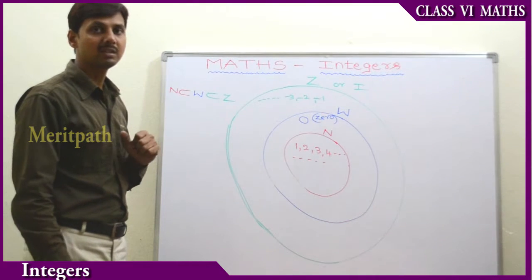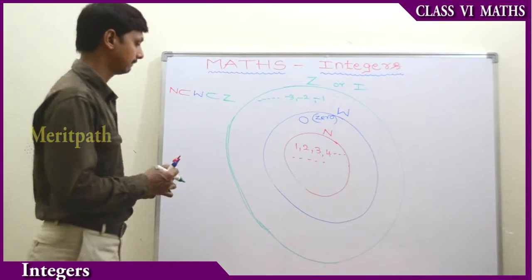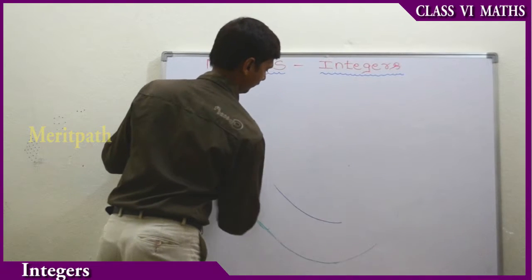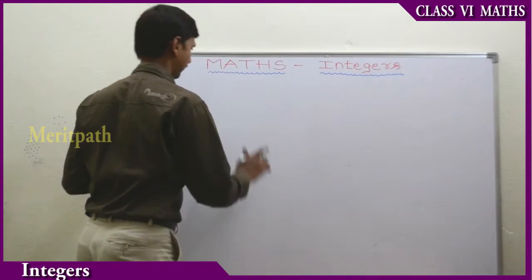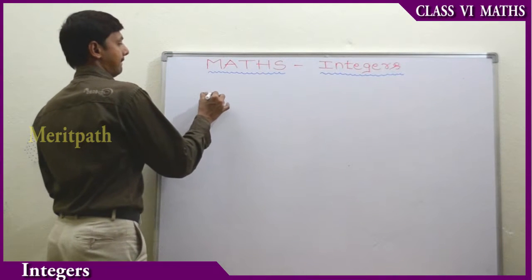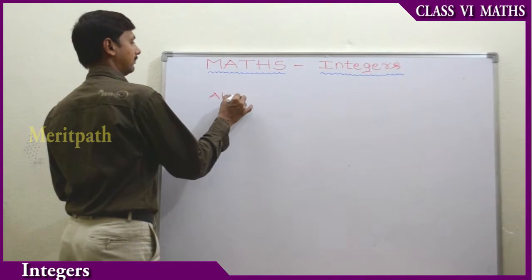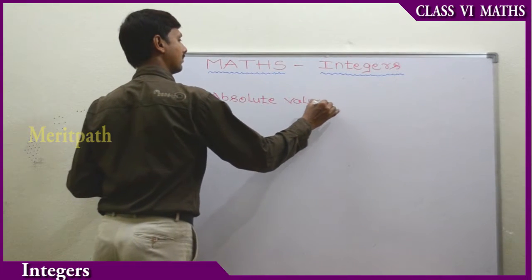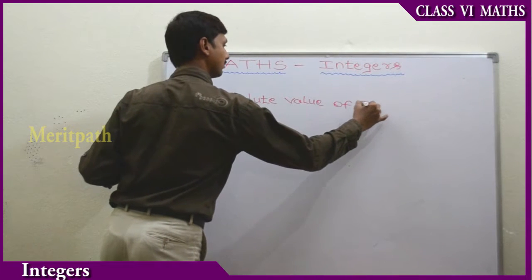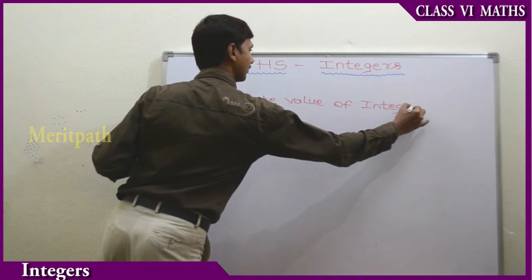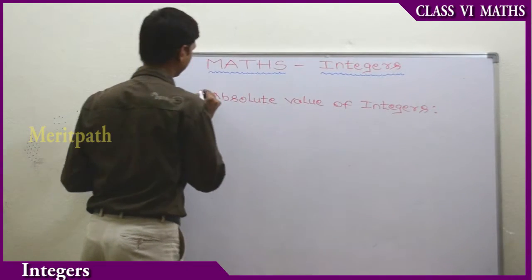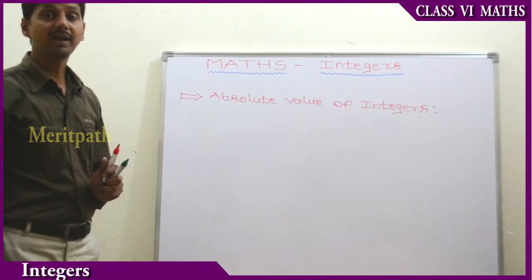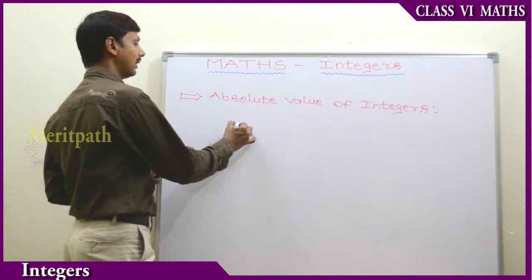Let's go to the next concept, absolute value of integers. Take any one integer and find its magnitude, like minus 3.